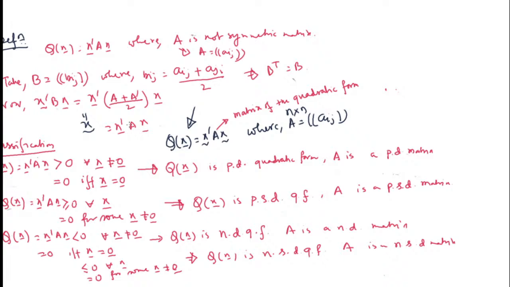Before discussing the canonical reduction, I want to define elementary operations. I already mentioned in my previous class, elementary operation is nothing but a pre and post multiplication by some non-singular matrix which are called elementary matrix.